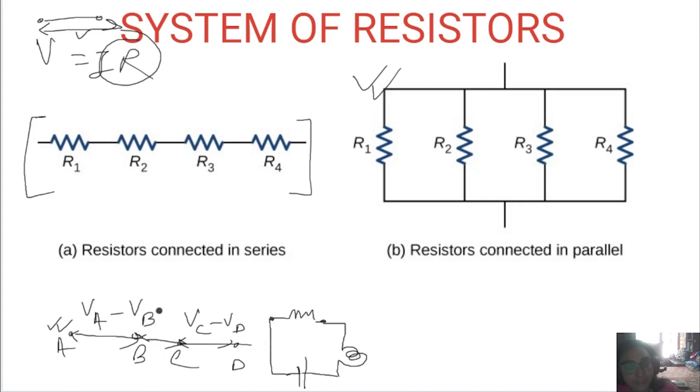Whenever you insert something into the circuit, the potential difference between those 2 points is different than what it would have been if there was nothing here. So if you consider any arbitrary 2 points here, M and N, Vm minus Vn, and let this be C and D, is not equal to Vc minus Vd, because here you are connecting a resistance.